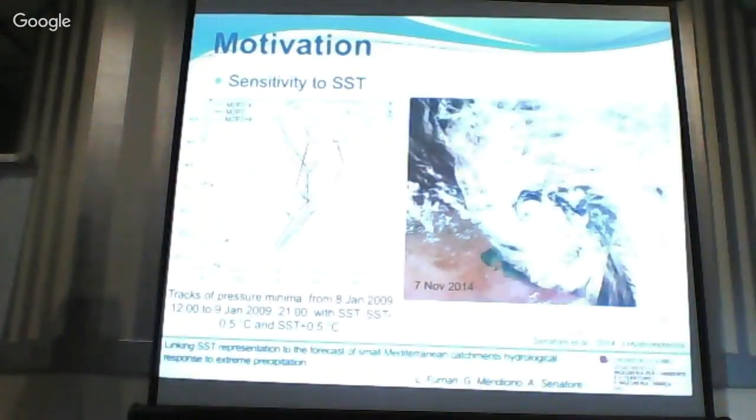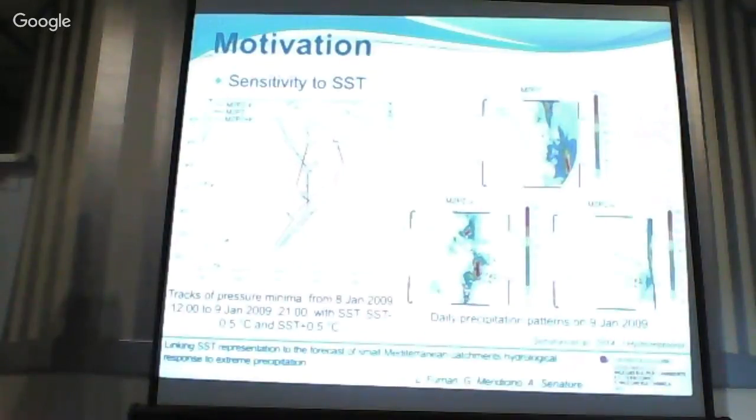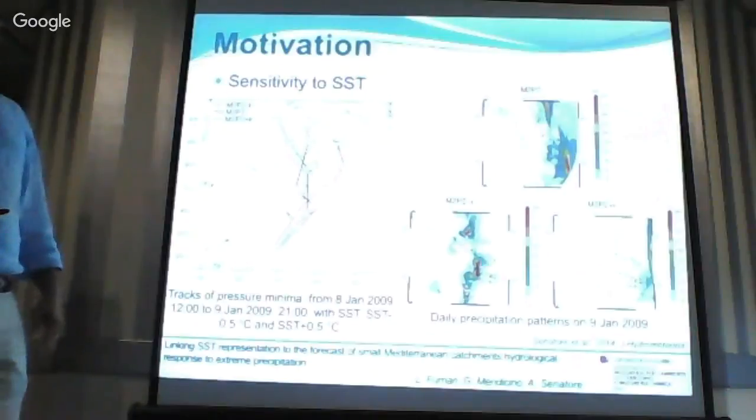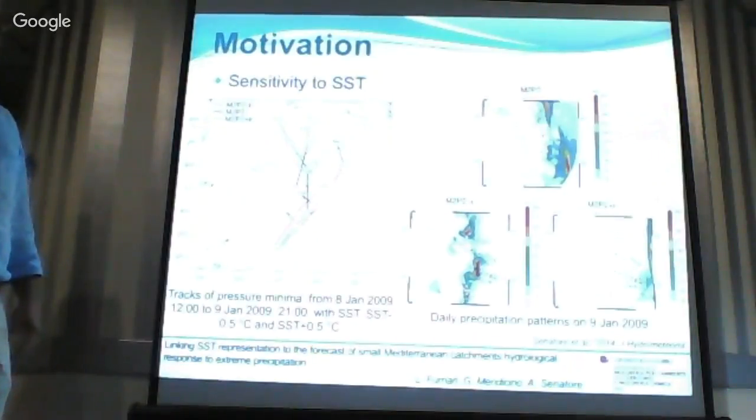And this behavior can lead to significantly different precipitation fields. You see that the main rainfall can happen on the sea or just close to the mountains in the middle. Of course, this affects a lot the hydrological response of the catchments and the impact on human activities.